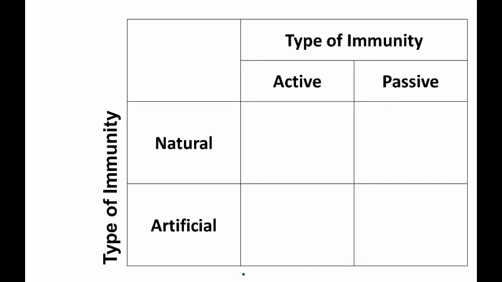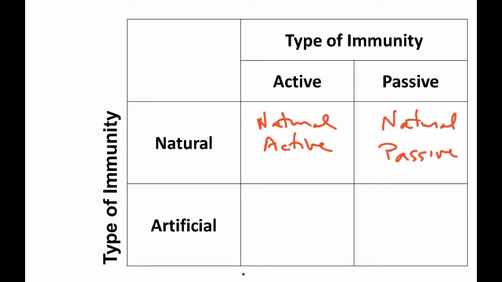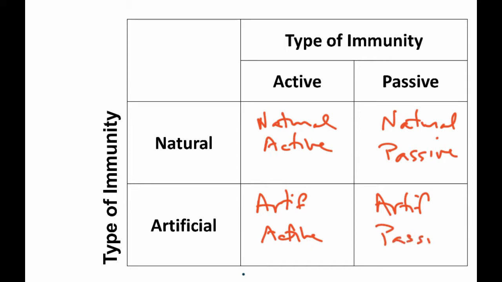And this graphic is just pointing out that you can have natural active immunity, natural passive immunity, artificial active, and artificial passive.